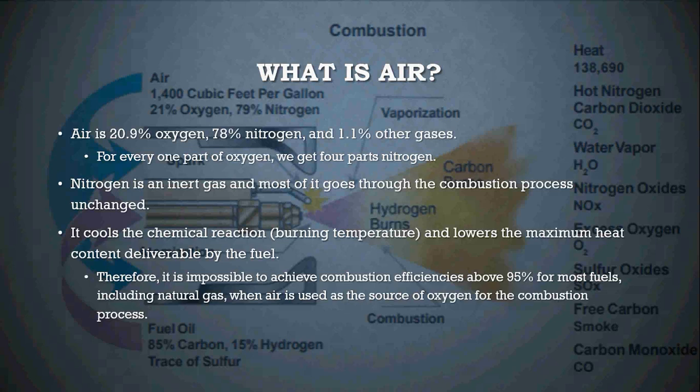Even after we're burning it, nitrogen is still there. It cools the chemical reaction by lowering the burning temperature, and it lowers the maximum heat content deliverable by the fuel. Therefore, it is impossible to achieve combustion efficiencies above 95% for most fuels, including natural gas.